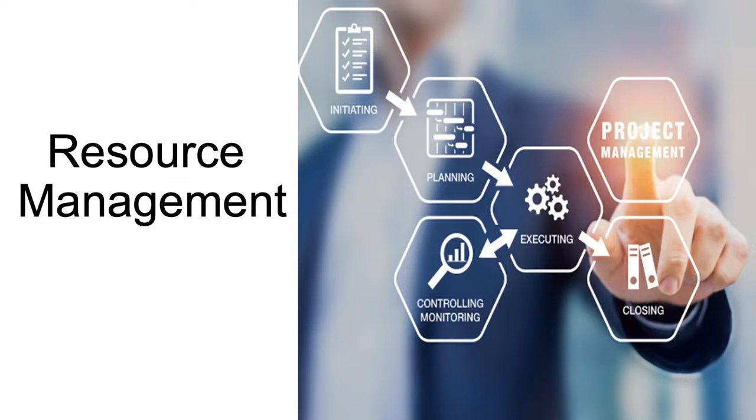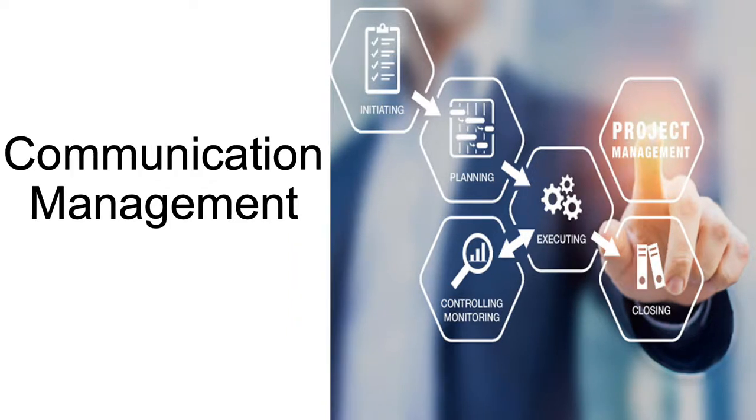The next one is communication management. Communication is a critical element in every project. What do you want to communicate? How? By what communication channel? Probably someone prefers to talk face to face, someone by messenger, and so on. And it's very important to identify how you will communicate with each stakeholder, how often, and what you will communicate to them.